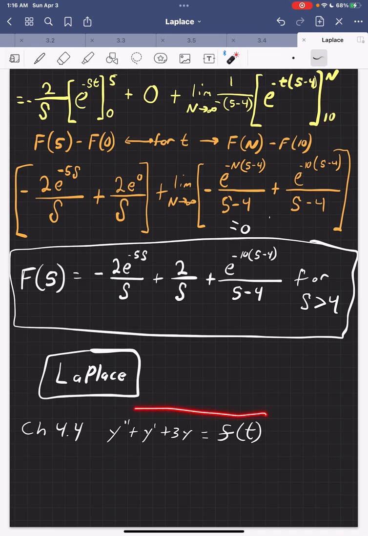Now this is when we had to use that method of undetermined coefficients to figure this out, right? And it was labor intensive, if you remember. It took a long time just to find the right form to even apply the undetermined coefficient technique. So that was painful.